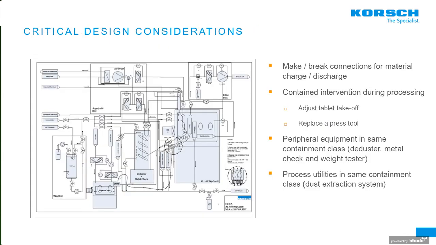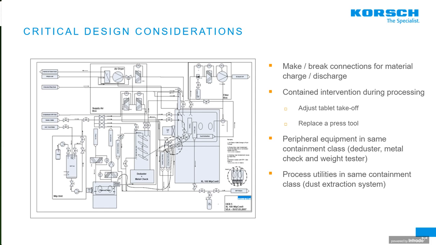If we look at a typical P&ID, process and instrumentation diagram, for a contained system, you've got the tablet press, you've got a deduster and metal check, you've got a wash-in-place tablet tester, a wash-in-place skid, you've got an air inlet HEPA filter, in some cases a dryer, and in all cases you've got these make-break connections.